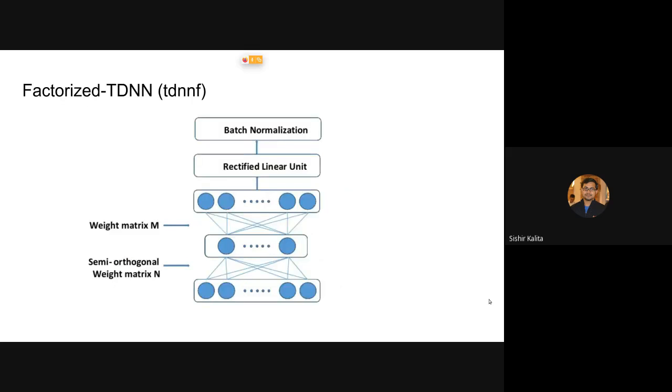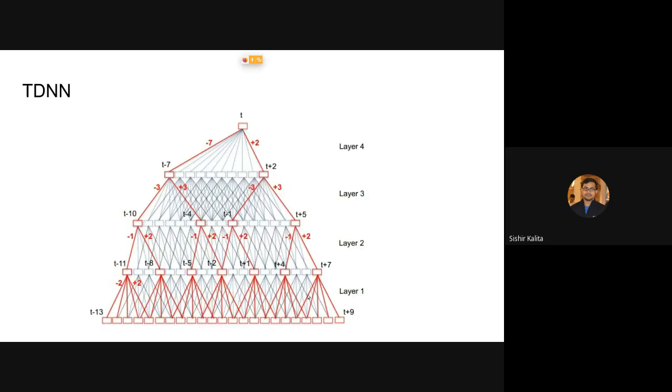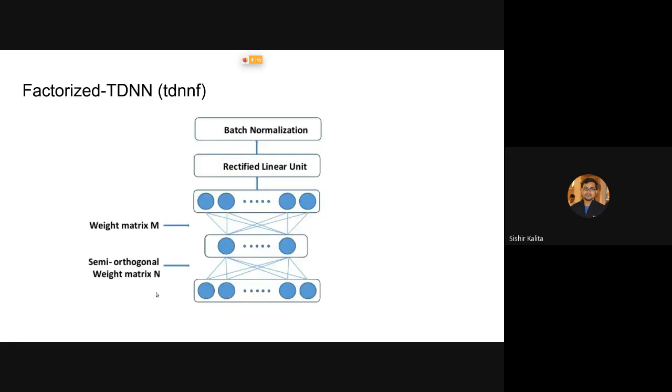Now the architecture that we will train in that session is a modified version of the TDNN architecture, called the factorized TDNN architecture. Earlier there were just the weight matrices. Daniel Povey and his group proposed a modified architecture where, for example, this is the first layer and this is the second layer, and they do a kind of low rank projection.